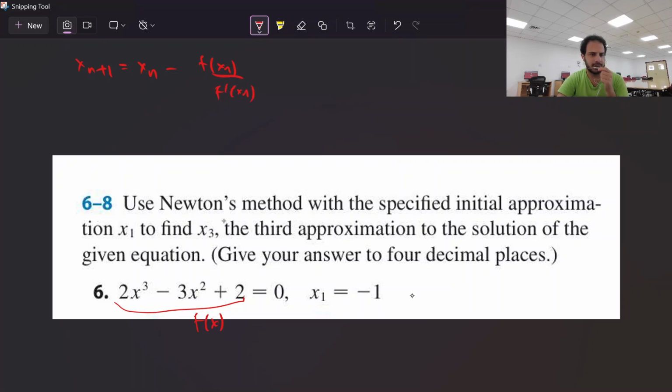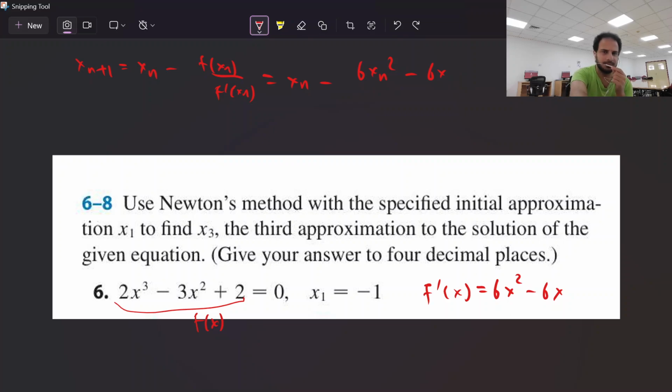What's the derivative of this function? Who wants to participate? f prime of x equals what? 6x squared minus 6x. Thank you. Now let's substitute in the formula. You get xn minus f of xn over f prime of xn.